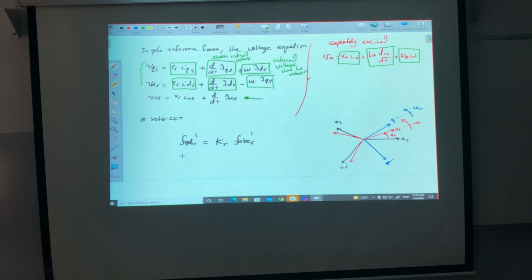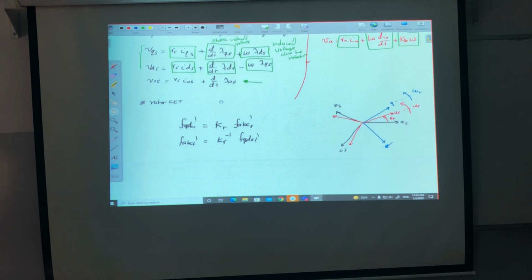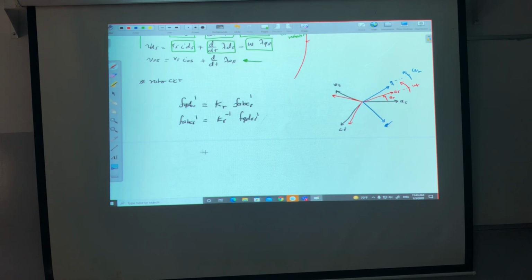So F ABC R dash will equal KR inverse times F QD0 R dash, correct? And simply here, I need to find KR. So who can give me KR? Sine theta... KR equal to what?